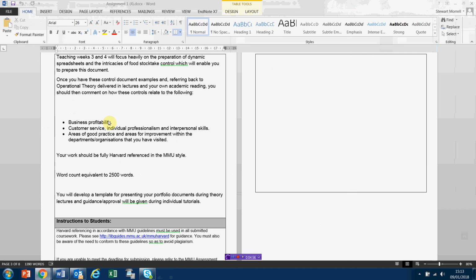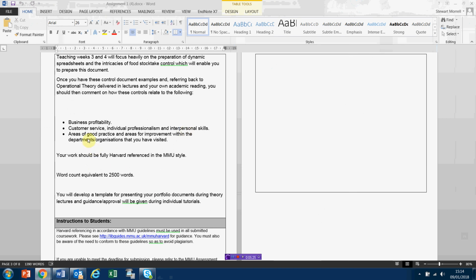Then you can go and investigate whether that's through theft, through wastage, through poor portion control, and then you can aim to rectify those. In terms of your job description, that's what dictates levels of customer service. You can state on your job description levels and experience required for professionalism, interpersonal skills through someone's experience.